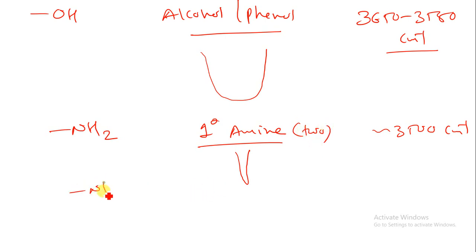A secondary amine will give only one peak at nearly about 3500 centimeter inverse. So that is the difference between primary and secondary amine: primary amine gives two peaks and secondary amine gives one peak.